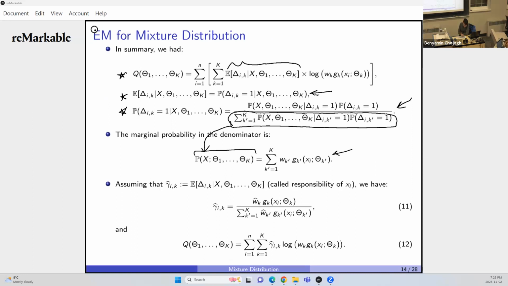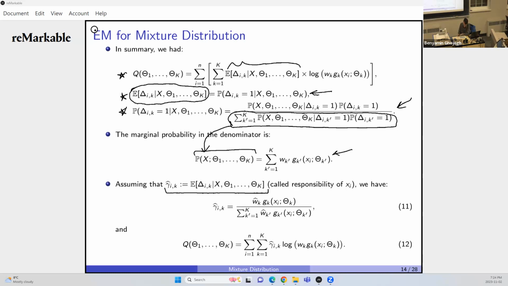So now assume that gamma ik prime, I define it to be the expectation of delta ik given x and theta. In other words, this expectation that we had, I'm denoting it by delta ik hat. Why hat? Because we're estimating that.